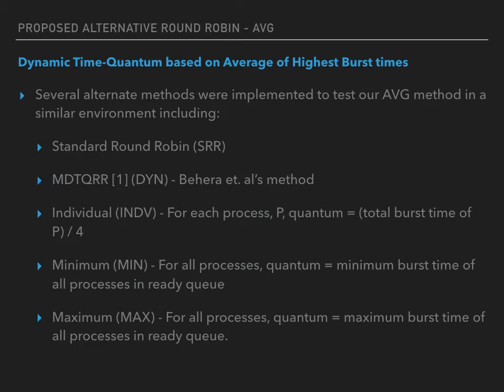For a min method, we took all processes and assigned them a quantum that was the minimum burst time of all processes in the ready queue. And max was the same as min, except it was the maximum burst time. Our min and max methods were really meant to be controls to see the two extremes.